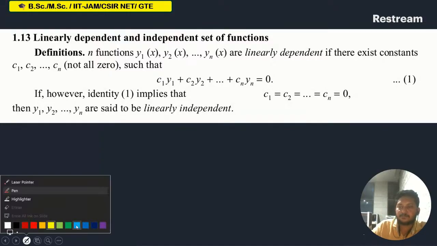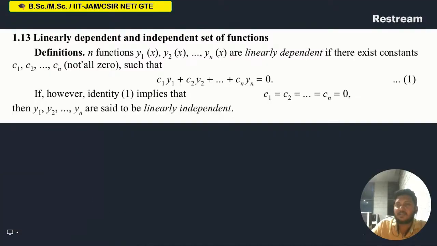Here is some definition related to linearly dependent and independent sets of functions. The definition: n functions like y1(x), y2(x) up to yn(x) are linearly dependent if there exists constants, not all zero, such that c1y1 plus c2y2 plus up to cnyn is equal to 0.